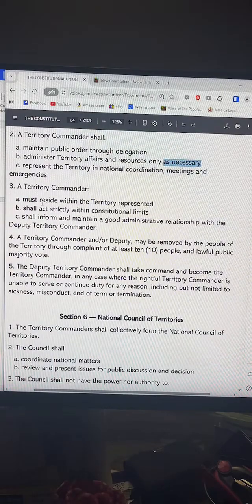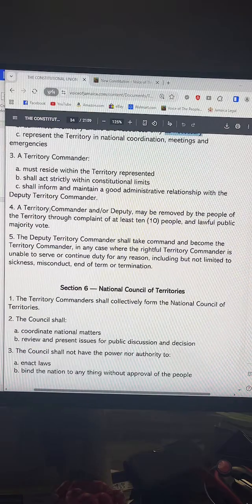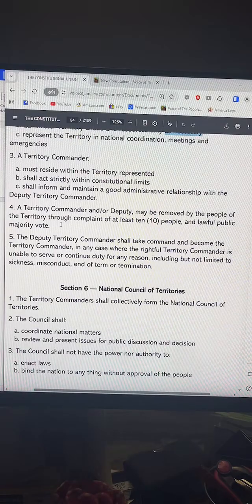A territory commander must reside within the territory represented. The territory commander shall act strictly within constitutional limits and shall inform and maintain a good administrative relationship with the deputy territory commander. A territory commander and or deputy may be removed by the people of the territory through complaint of at least 10 people and lawful public majority vote.